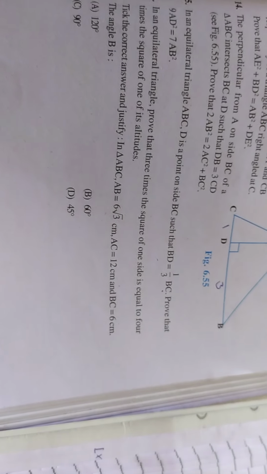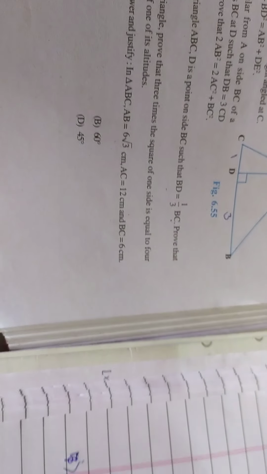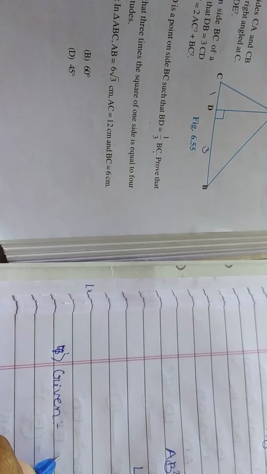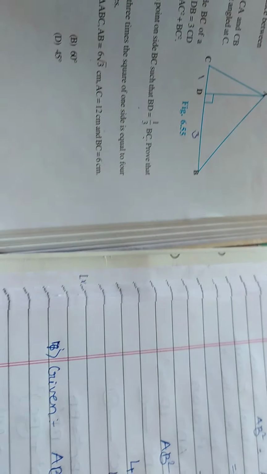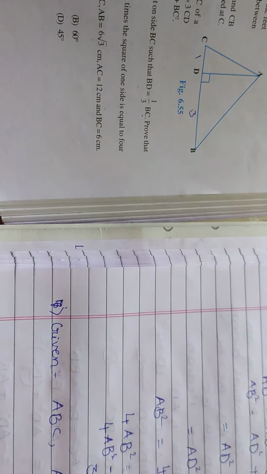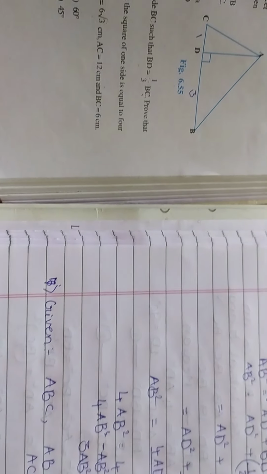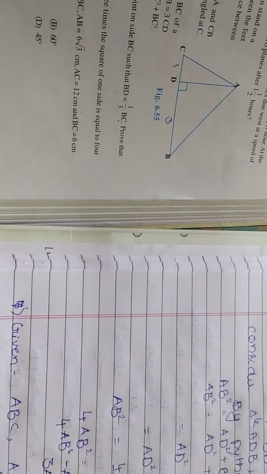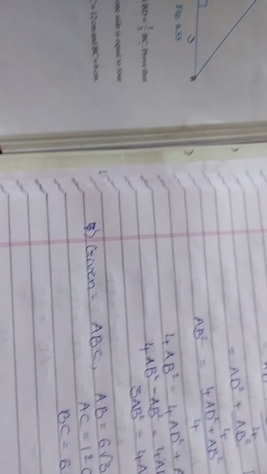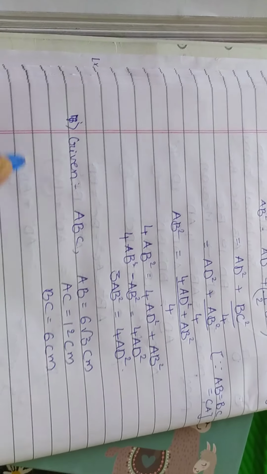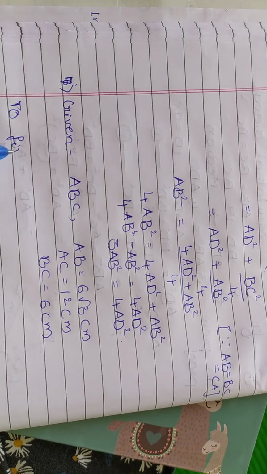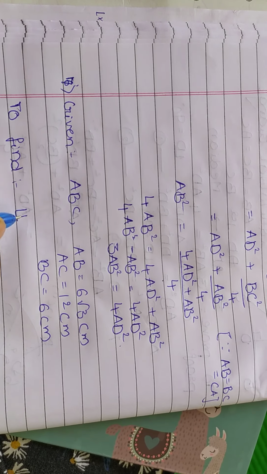Given that there is a triangle ABC in which AB is 6 root 3 centimeters, AC is 12 centimeters and BC is 6 centimeters. You should find out the angle B.